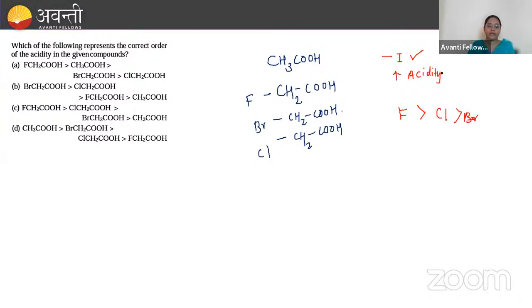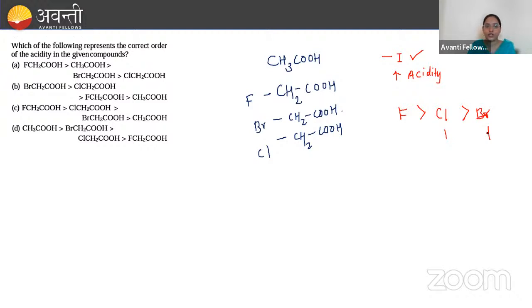So due to the minus I effect, the fluorine compound will show the highest acidity, then the chlorine compound, then the bromine compound, and lastly unsubstituted acetic acid.